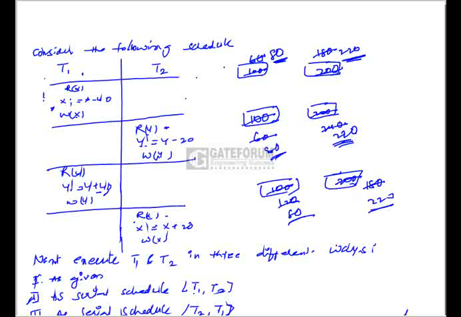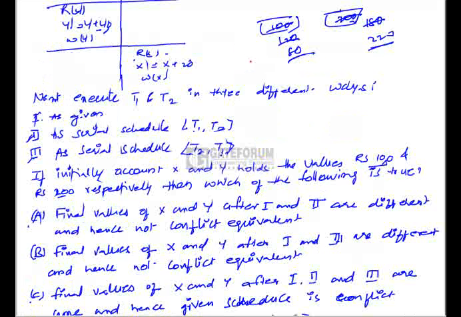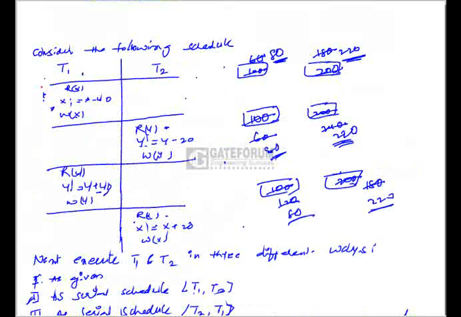So the final values of X and Y are the same in all three given ways, but the given schedule is not conflict serializable. Why? Because the given schedule is not conflict equivalent with any of the serial schedules. We cannot obtain any of the possible serial schedules by swapping consecutive non-conflicting instructions.